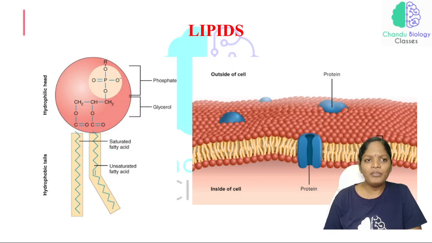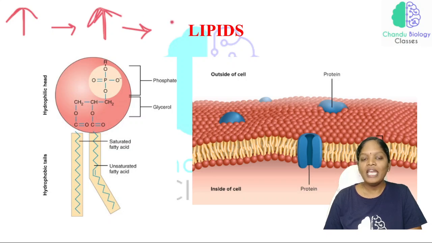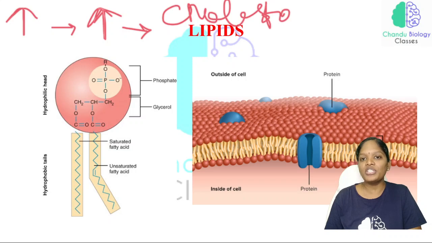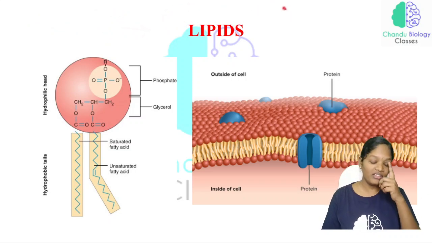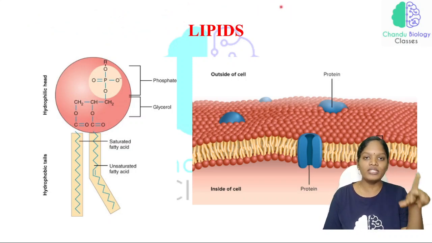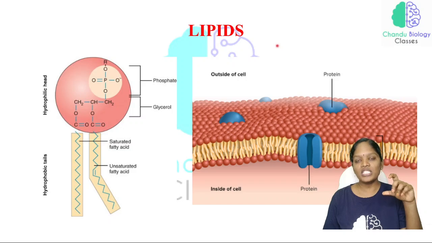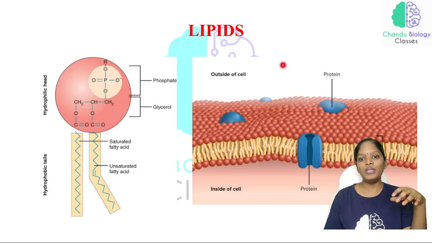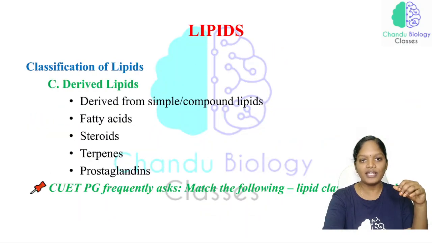The temperature is higher in this region, and as a result the membrane fluidity is also more. To maintain rigidity and reduce the fluidity, there is the presence of cholesterol. As I showed in the first few slides, there is a yellow colored structure embedded between the saturated and unsaturated fatty acids.